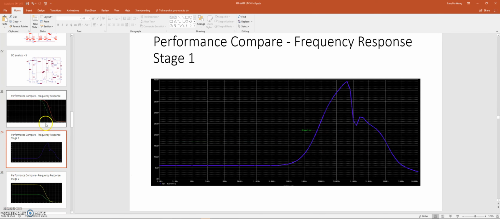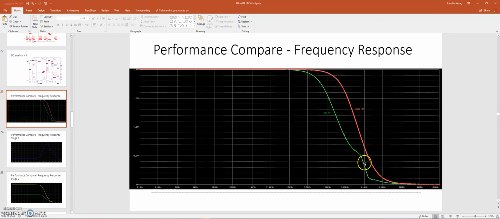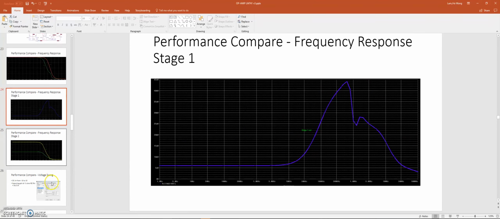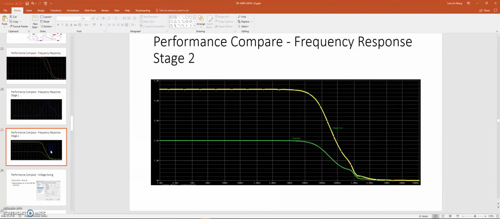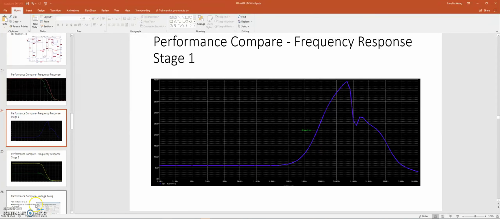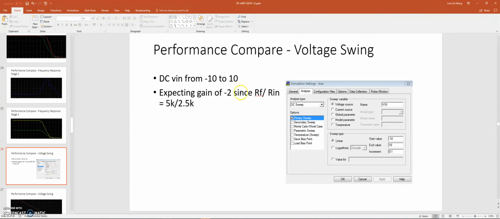So I think probably the problem here is the first stage. Since we are using NPN and PNP, it's not an ideal solution, but yeah, the cause of this non-ideality is from stage 1.